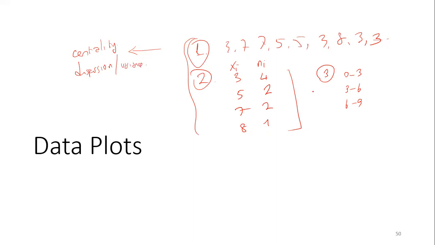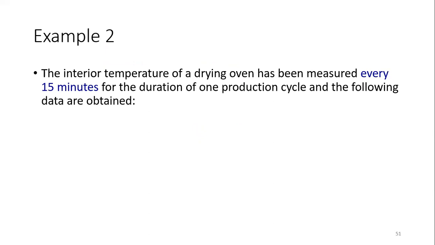Now we will try to see how we can further understand or dig out the inherent structure in the data. Here is the temperature data of a drying oven, which is measured every 15 minutes.